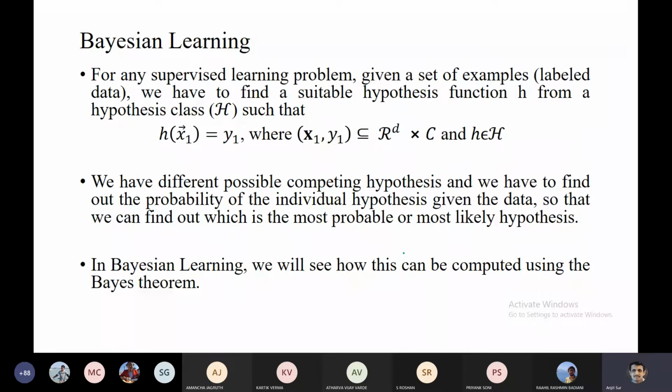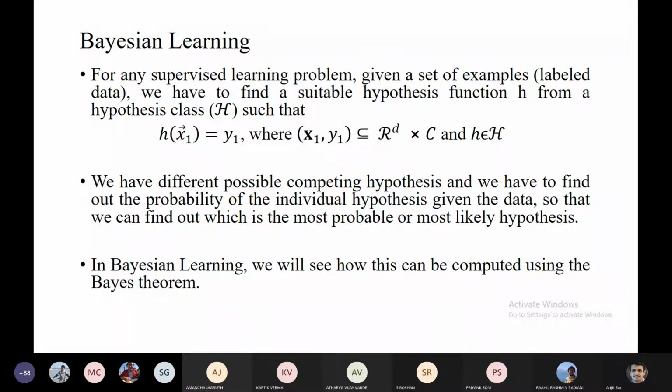Before starting, since it's another very fundamental approach, we first recapitulate the problem: what we are basically trying to do in our supervised classifier.